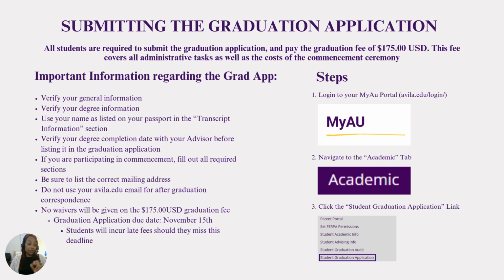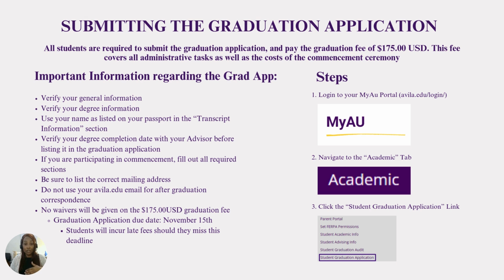You want to make sure that you're using the name listed on your passport in the transcript information section. You want to make sure that you have already verified your degree completion date with your advisor before you enter a degree completion date.